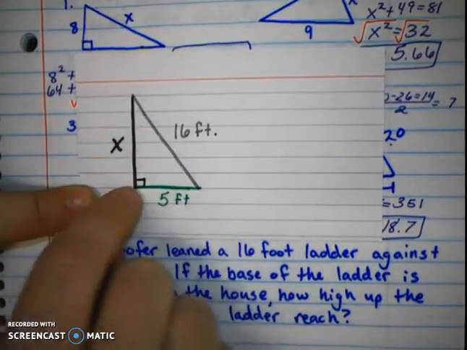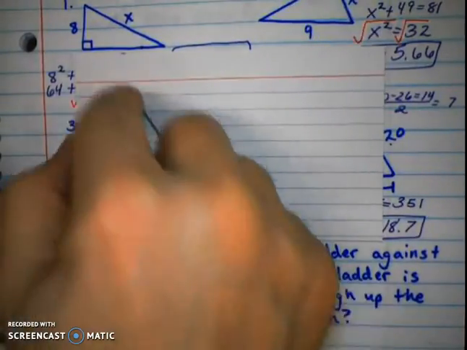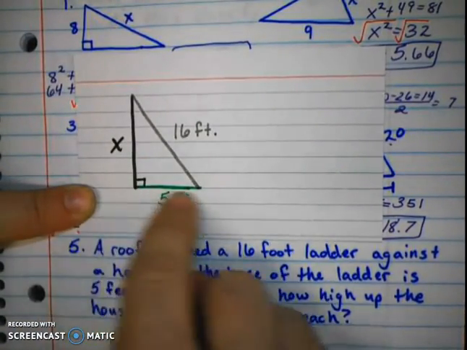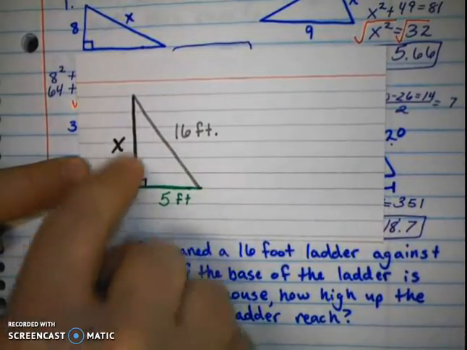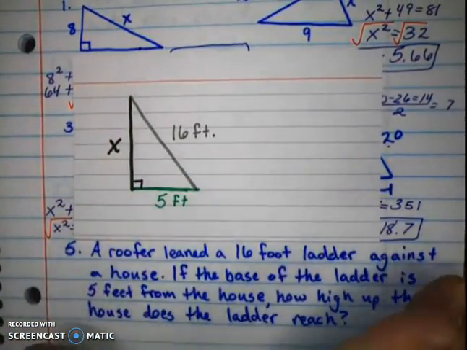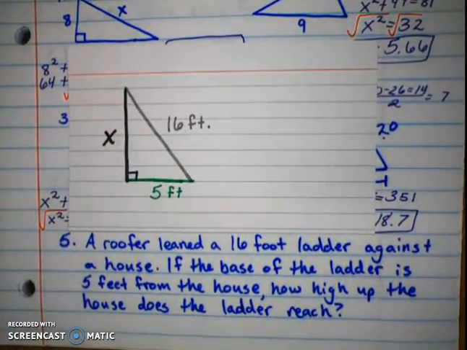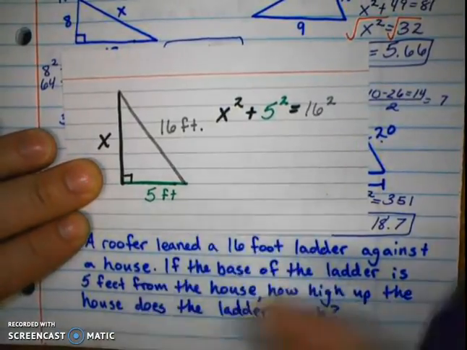16-foot ladder, not 16 foot up this way, 16 foot when you lean it to the side. This is now your hypotenuse. And we have 5 feet from the base of the house. We want to find how far up the house the ladder reaches. So we want to find this vertical distance x. Okay? So now we just set up our Pythagorean theorem, which should look like this. All right?